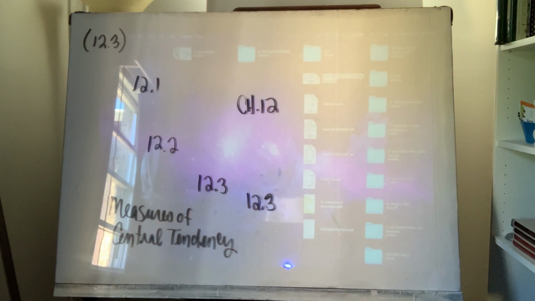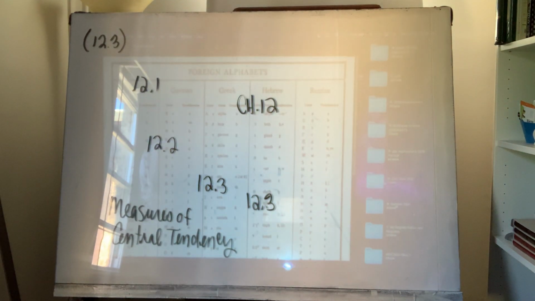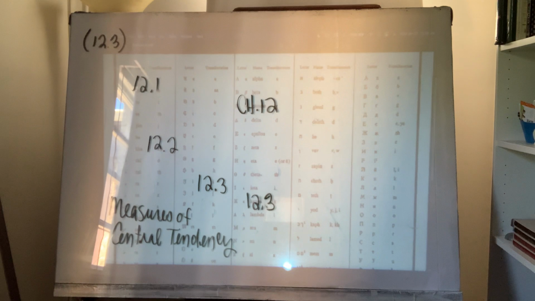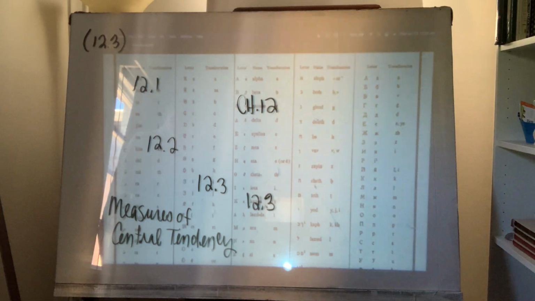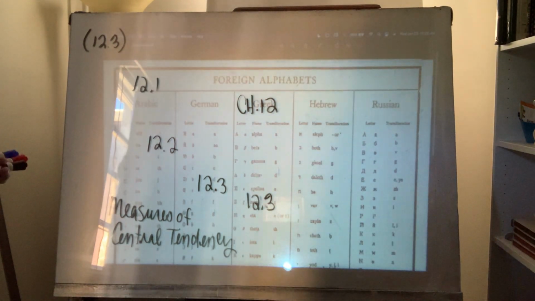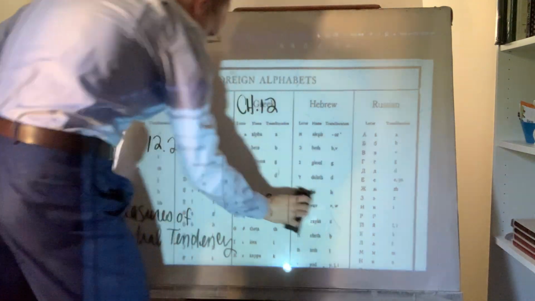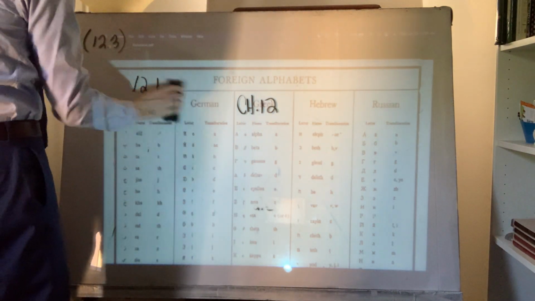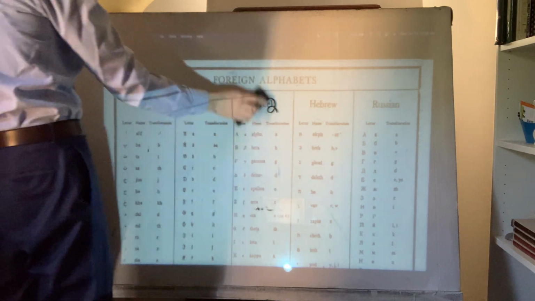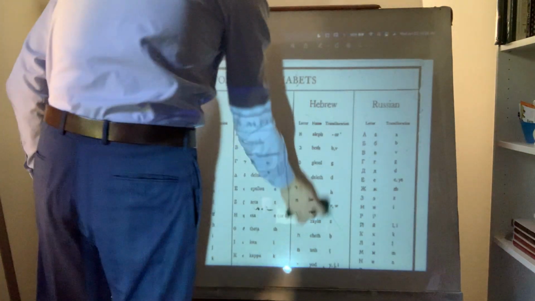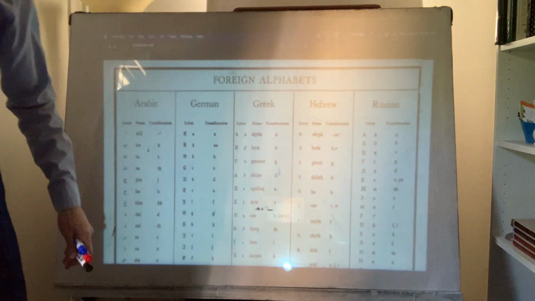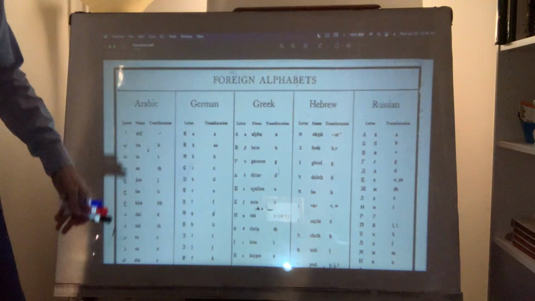Before I do, let me again show you this neat alphabet. This is why I don't like to throw away old books. Whoever designed this, I wish I knew who they were. Perhaps it was several people, but this used to be the inside cover of a dictionary I once had, and I'm not sure where it went. I moved at one point and I lost a lot of stuff.